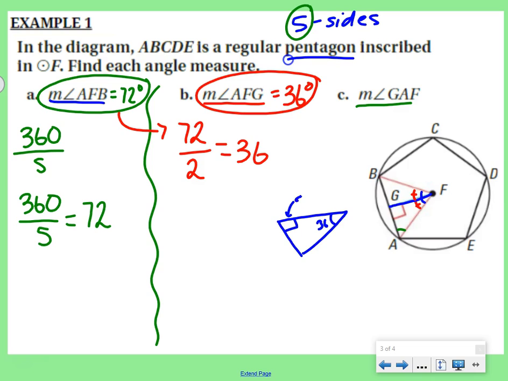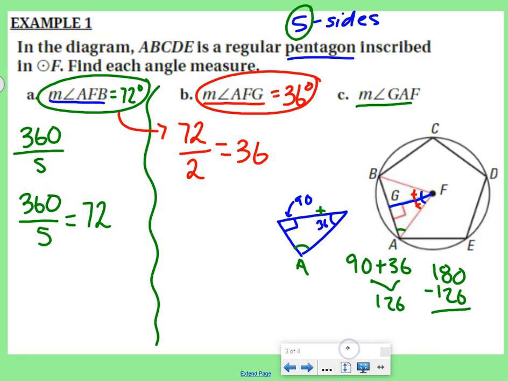We know that a right angle is 90 degrees, so we can find the measure right here of angle GAF by adding 90 and 36, and that gives us 126. Then if we subtract that from 180, the total degrees of a triangle, we'll get the measure of our angle, which is 54. So this is equal to 54 degrees.